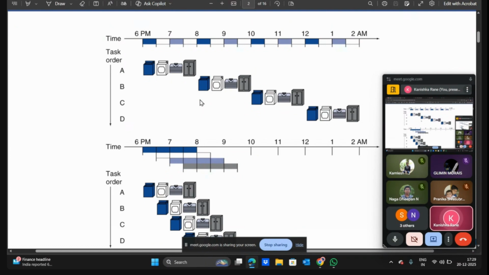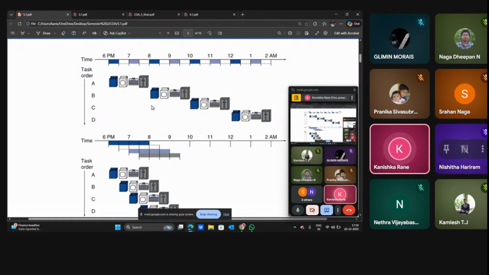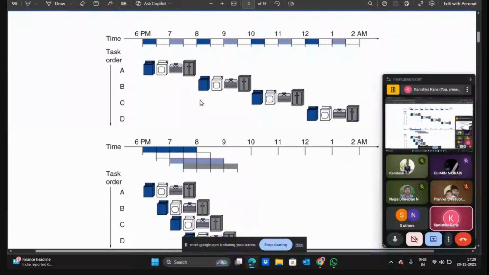In pipelining, we do not increase the speed of any of these processes. The time each process takes always remains the same, but you increase the throughput. In this example, say one person is loading the clothes.